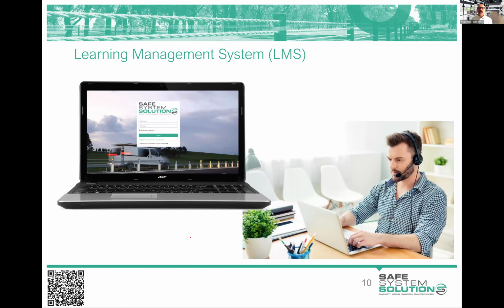Learning management system, you mentioned that, Loretta. Explain a little bit more about that. You have to have access to this because you need to complete all the course criteria through this system. There'll be quizzes, and every day we'll go through each module and tell you what you need to do to complete that module. There are assignments in there as well throughout the course.